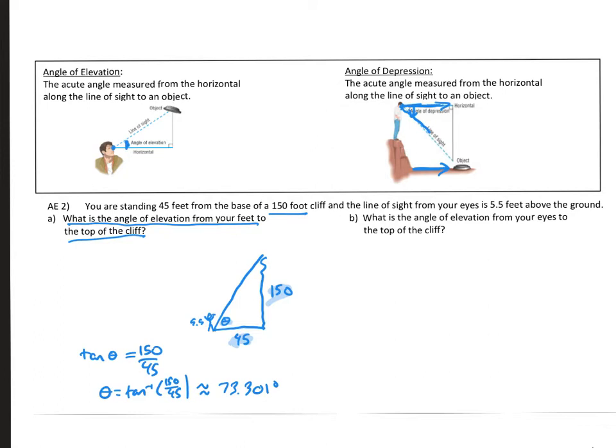We go ahead and change color, so we have part B, which is going to be something different. That part B is, what is the angle of elevation from your eyes to the top of the cliff? So that's why we are told that this person is 5.5 feet above the ground. We are now trying to find that theta. So in this case, we are no longer looking at a 150-foot cliff. We are going to be looking at this distance here, which is 150 minus 5.5, so 149.5.